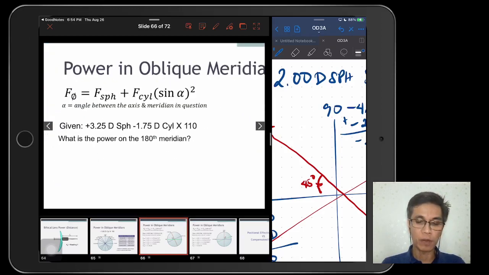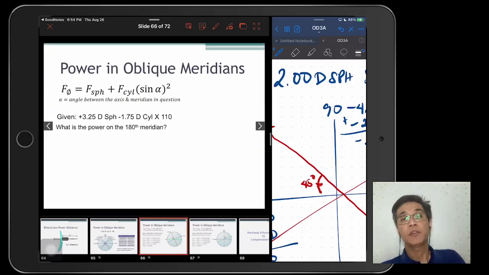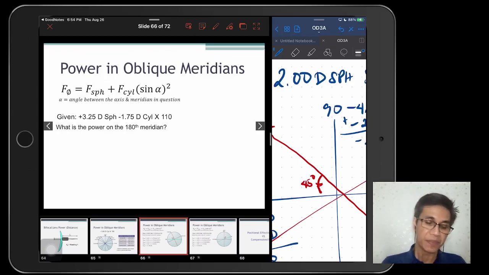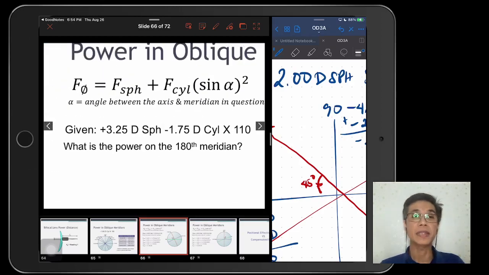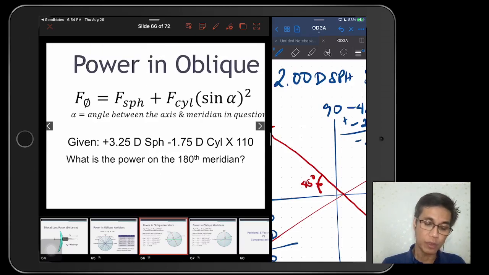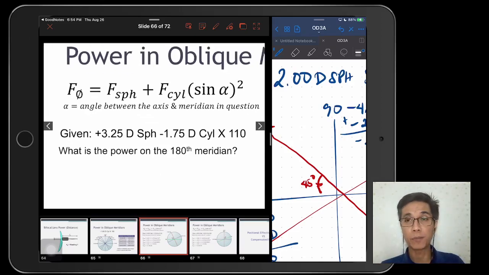Meron tayong formula ngayon for the power in oblique meridians. Ano yun? F theta will be the power in the oblique meridian, is equal to the power of the spherical component plus the cylinder power, open and close quantity, sine of theta.